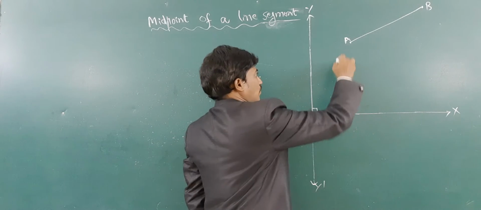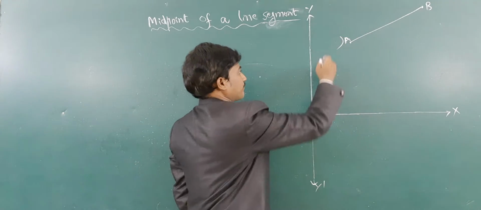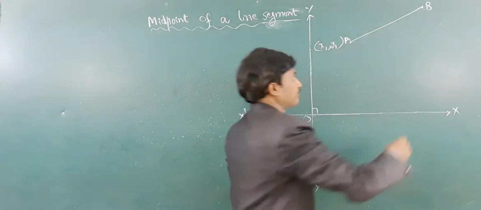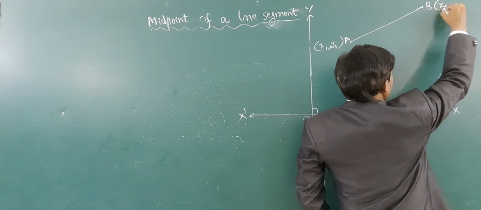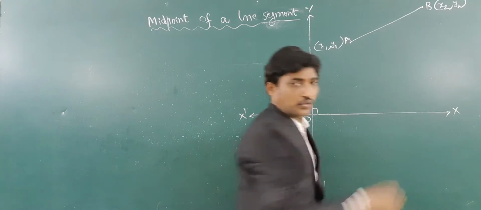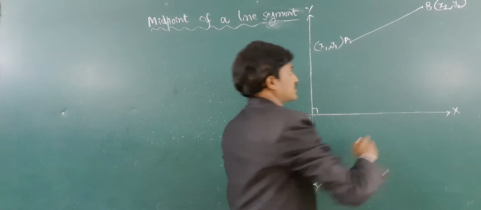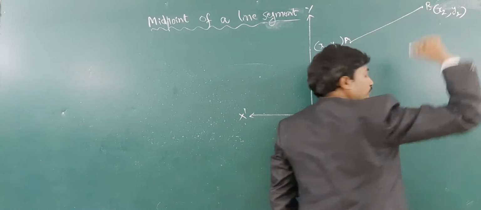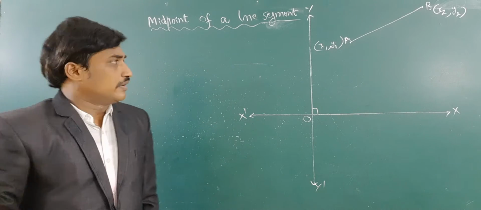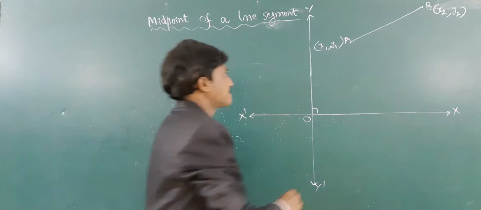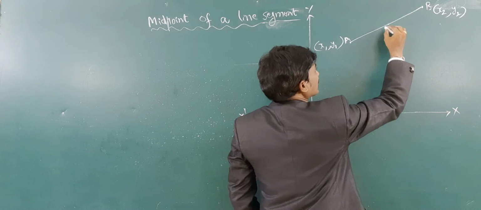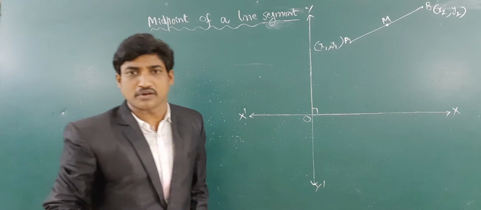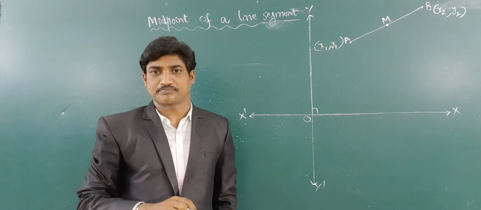A has the coordinates x1, y1. Coordinates of B are x2, y2. Let me take M as the midpoint of this line segment AB.